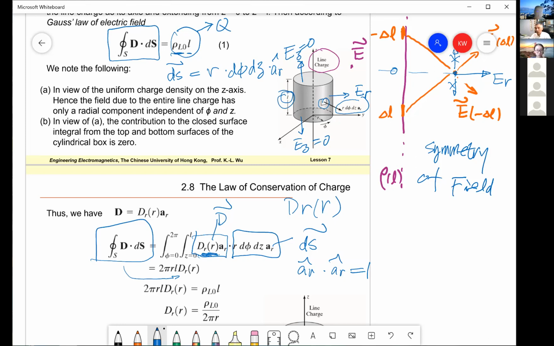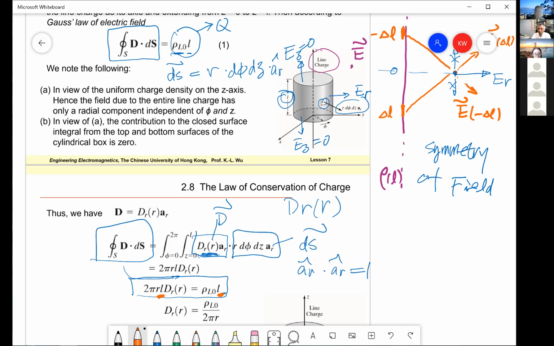Then you will see this has nothing to do with our question, because our question is an infinitely long charge density. Let's find the finite length case first. For a finite length, we have a function of L, but we also have L on the other side, so L is canceled.